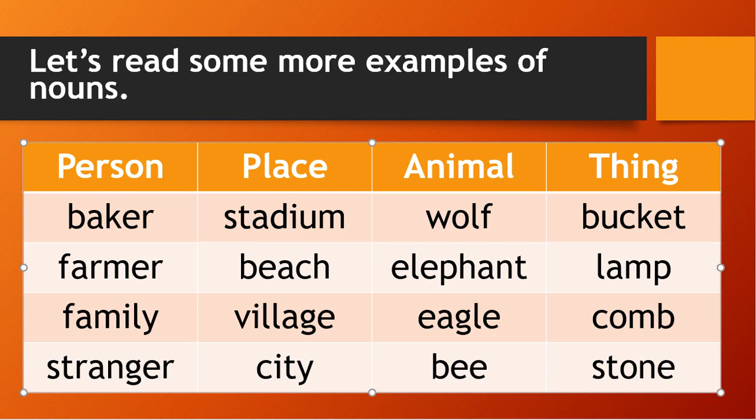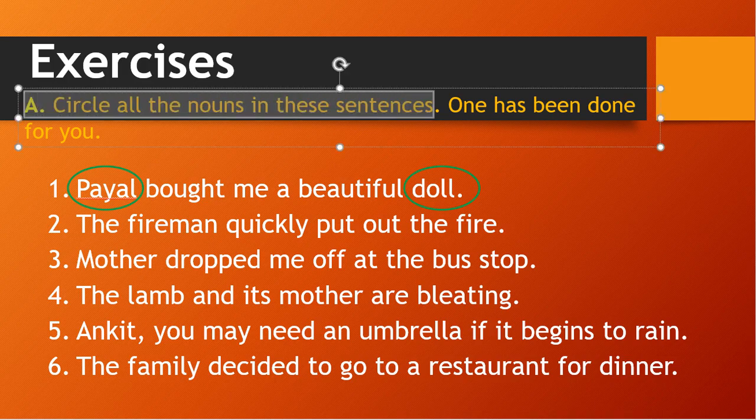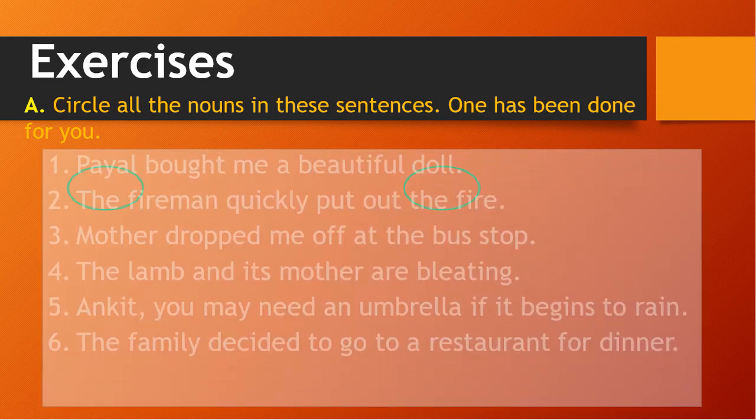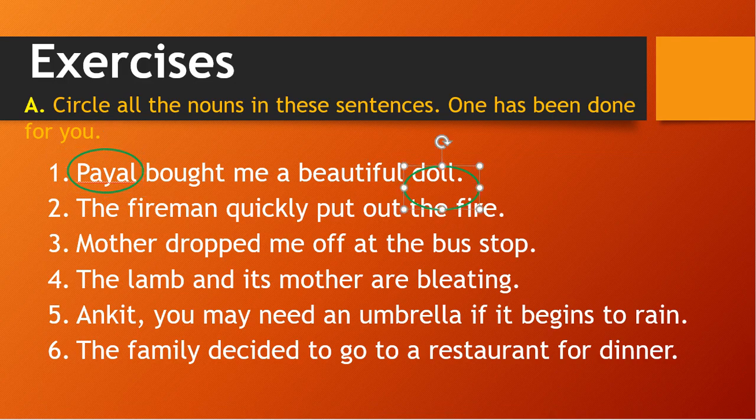Now we will go for the exercise. The first exercise is: circle all the nouns in the sentences. One has been done for you. See your first sentence. Payal and doll are the nouns in the first sentence: Payal bought me a beautiful doll. Doll is a thing and Payal is a person name.